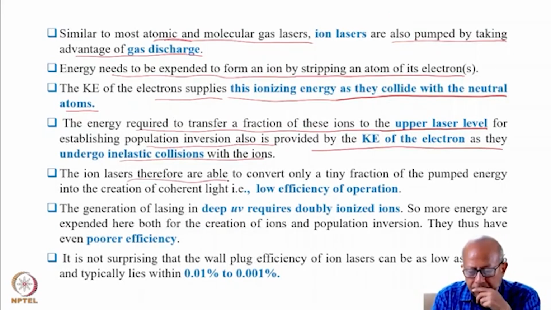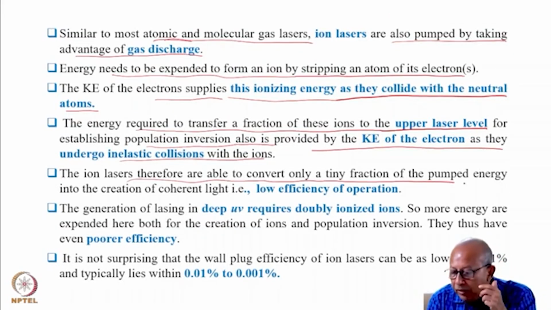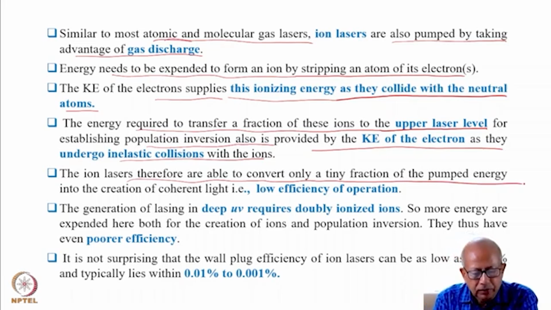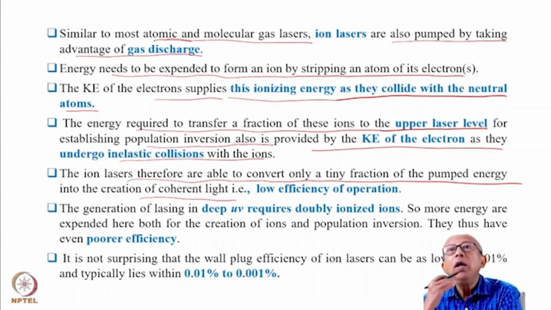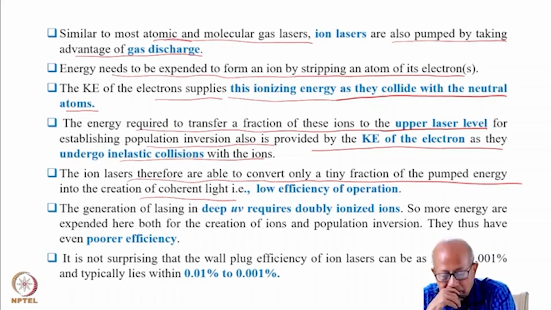The ion lasers therefore are able to convert only a tiny fraction of the pump energy into the creation of coherent light. Therefore, its efficiency will be much lower. I cannot say much lower, but would be definitely lower than that of atomic gas lasers. As a matter of fact, the efficiency of ion lasers is much lower than the atomic gas lasers.